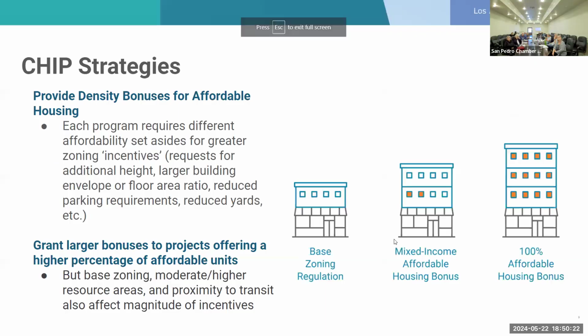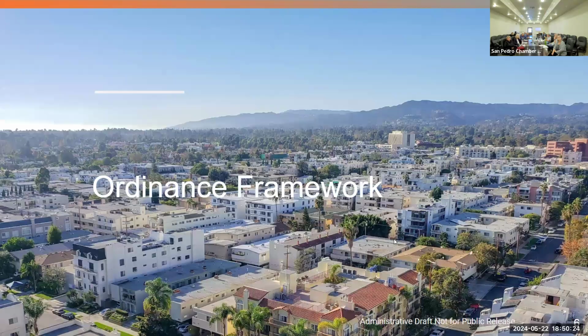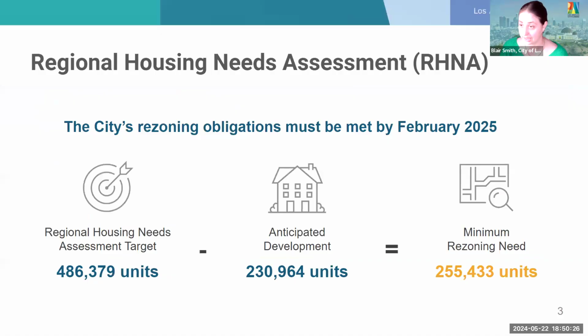So we looked at, citywide, what we thought might happen, including projects that we already knew were in the pipeline. So this anticipated development number. So those are projects that have applied for a building permit and were in progress. So not all of them had certificates of occupancy, but they were actively moving through the building permit process. And so they contributed to this 230,000 production number.